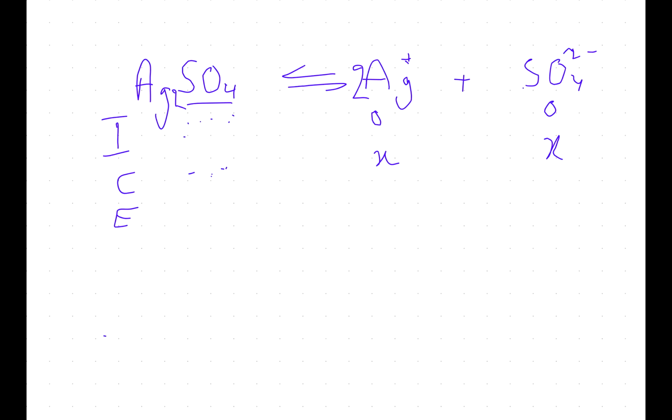According to the dissociation, the change, I wrote X. How many X here? It should be 2, 2X. Here, 1X. So at equilibrium, this is 2X and this is X.